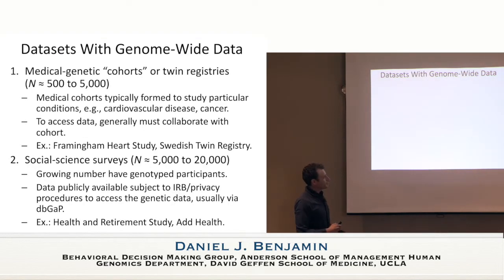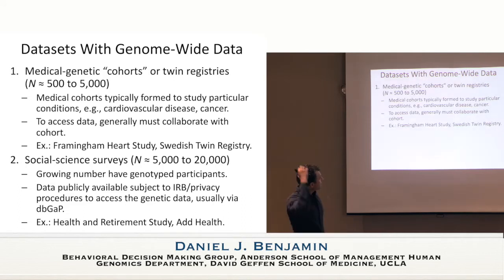So today it's mostly genome-wide genotyping data. And then there's 4 kinds of data sets that are worth knowing about that tend to have this kind of data. The first is cohorts, which is the term that's used in medical genetics for data sets that are focused on studying medical genetics.